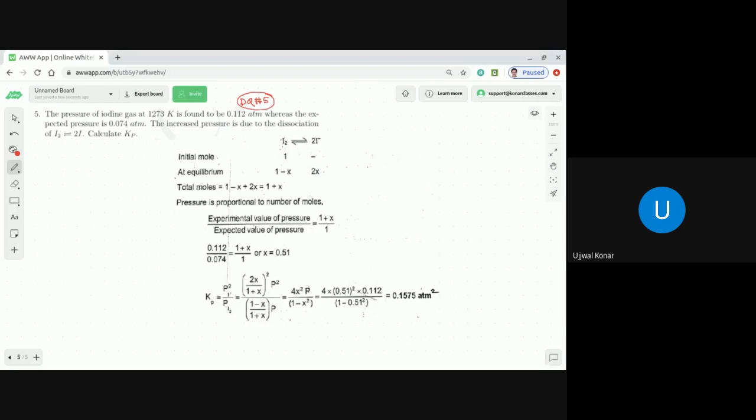Okay. Dear Tejas, did you get this question right? Got 0.1575. Okay. Shall we move to the next question set, that is the MCQ questions? Shrestha, may I move? Yes, sir.